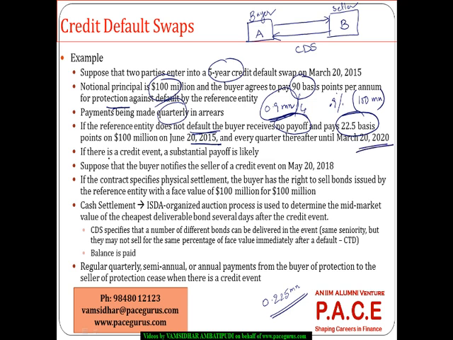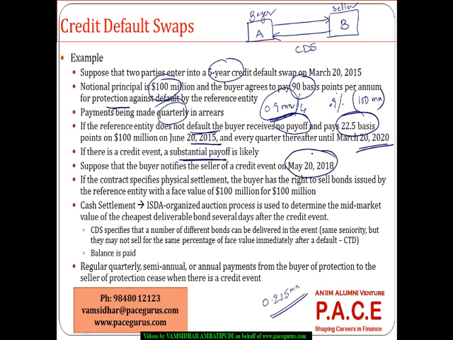If there is a credit event, there is a substantial payoff, whatever the face value is. If it is a physical settlement, A will give all the bonds to B, and if the bonds are worth 100 million, B will make a settlement of 100 million. When a credit event occurs, the buyer will have to notify the seller.